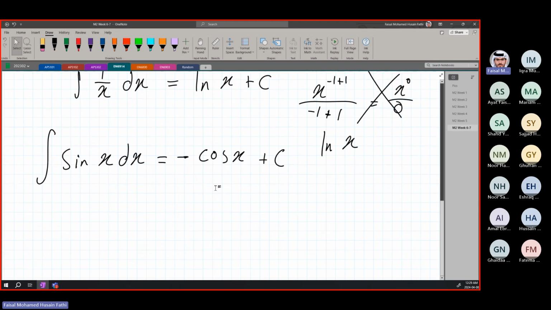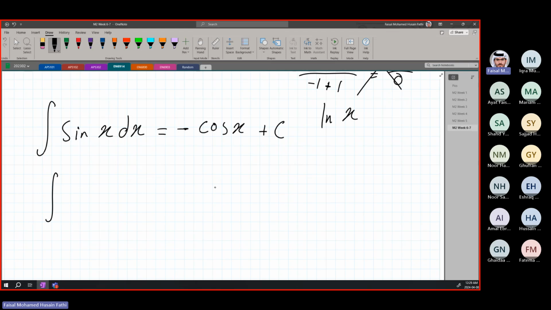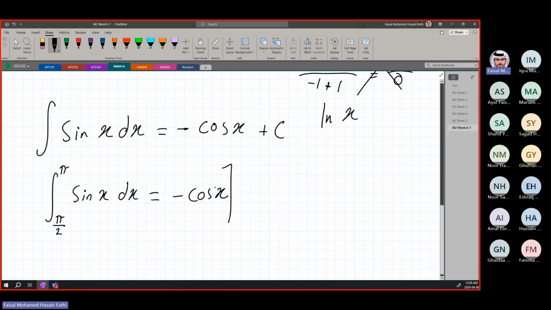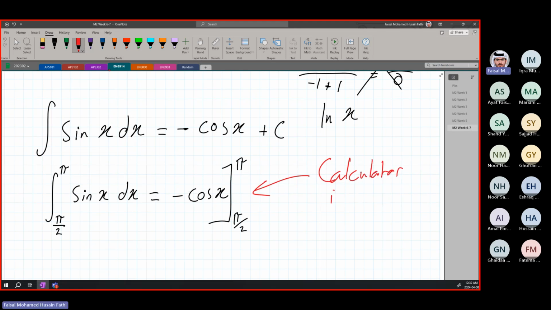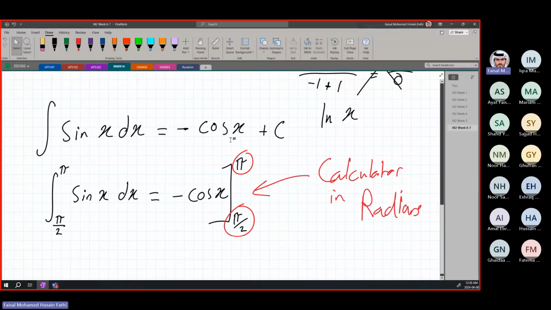One point here I want to mention, if they are giving you integration from pi over 2, for example, to pi of sine x dx, which is going to be minus cosine x from pi over 2 till pi. Make sure your calculator is in radians when you are seeing pi and pi over 2 and all of that.